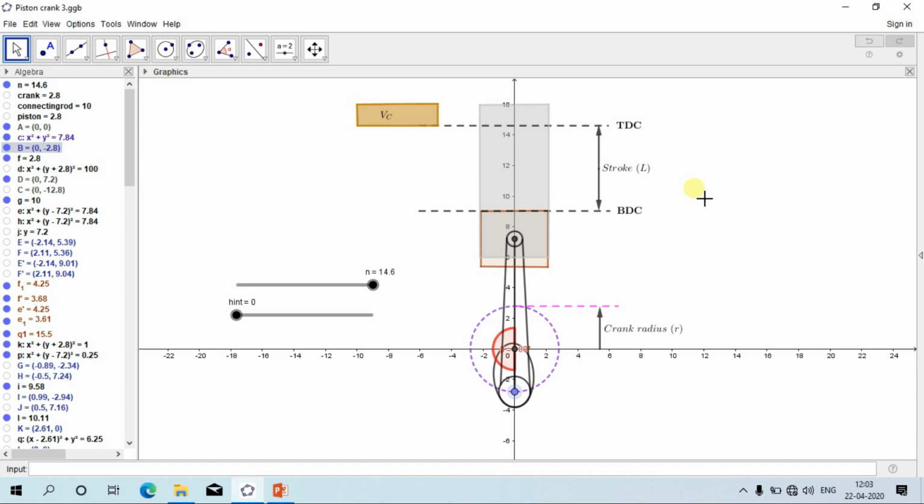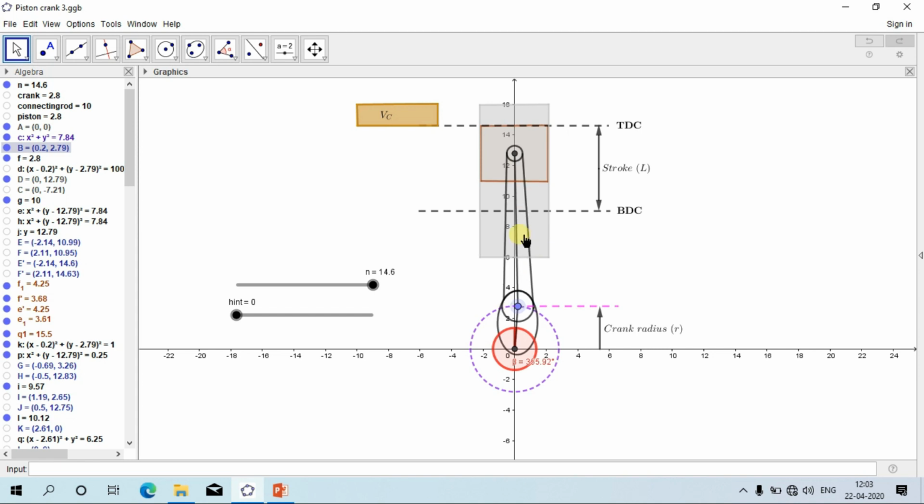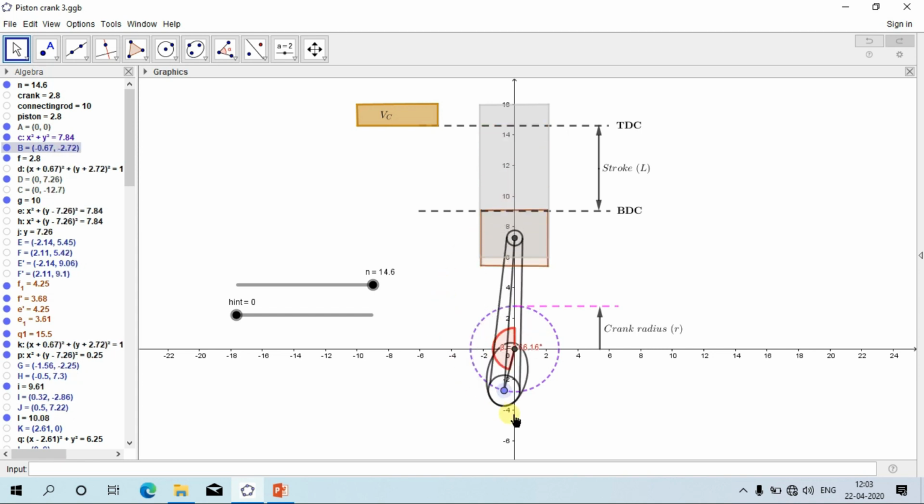Another thing: the volume above TDC is called the clearance volume. This volume will always be present there. It is provided for the movement of valves inside the cylinder head. When the piston moves from top dead center to bottom dead center, this much volume is cleared.